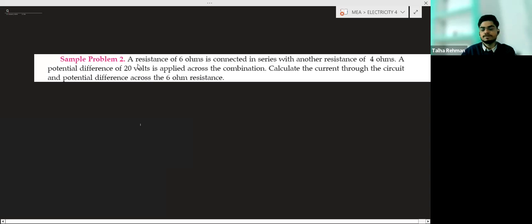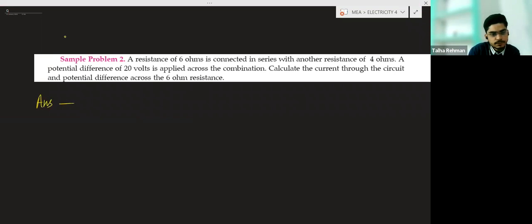So this question. A resistance of 6 ohm is connected in series with another resistance of 4 ohm. So basically here in this question, there is a resistance of 6 ohm, and this is connected with a resistance of 4 ohm in series.